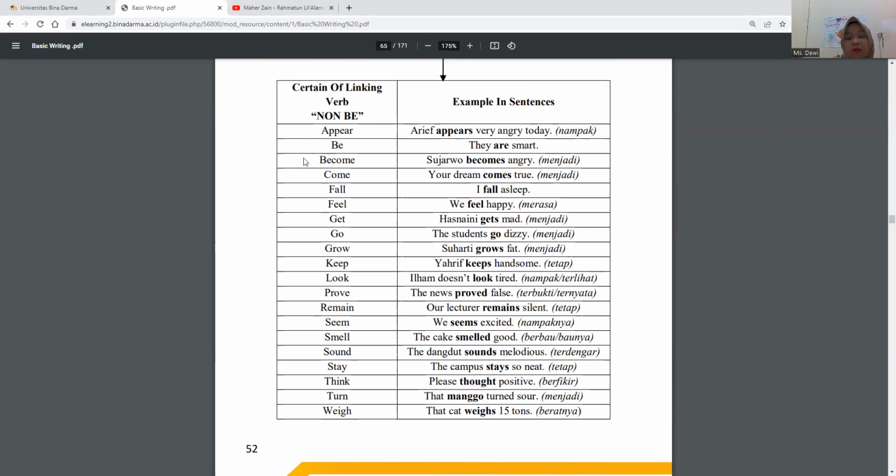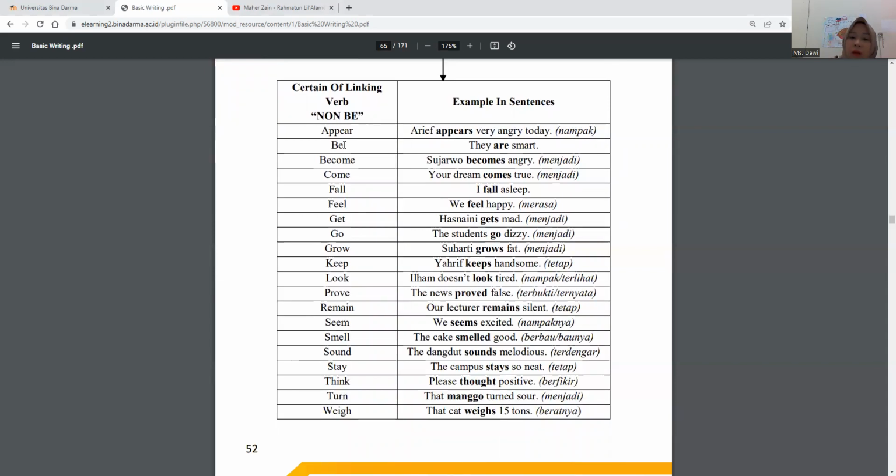Example in sentences. The first one is appear. Okay, so Arif appears very angry today. Appears here as the linking verb, and this sentence describes Arif, how Arif appears today.